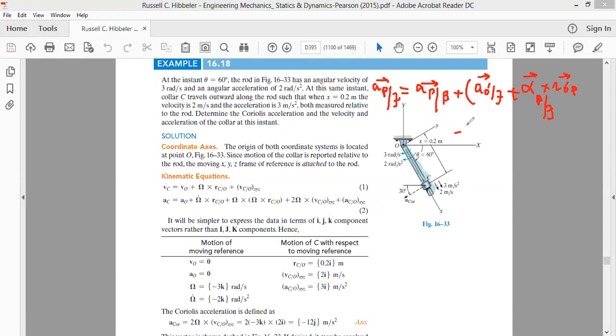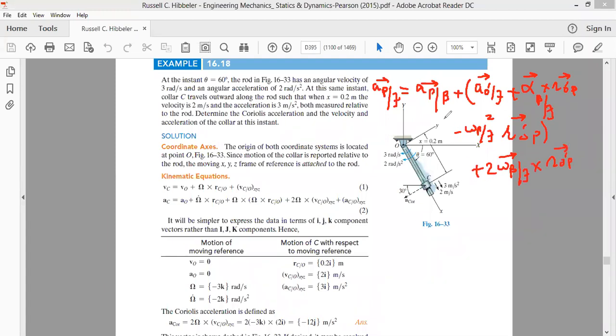angular velocity of beta with respect to ground squared, (this is not in vector form), times the R O dash P vector, bracket close, plus twice angular velocity of beta with respect to ground cross product with R O dash P. Okay, this is the expression for acceleration.